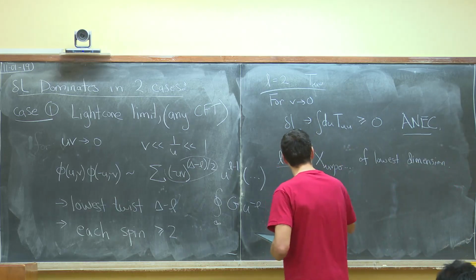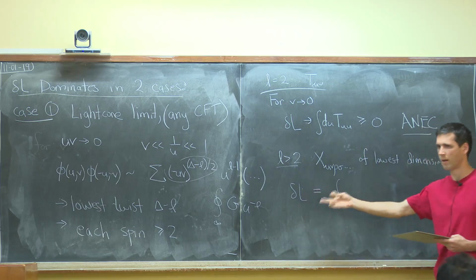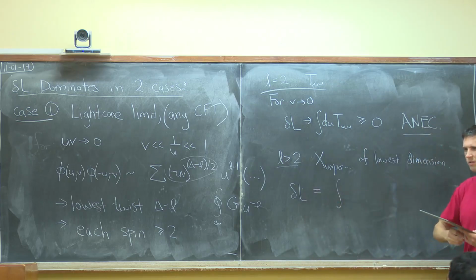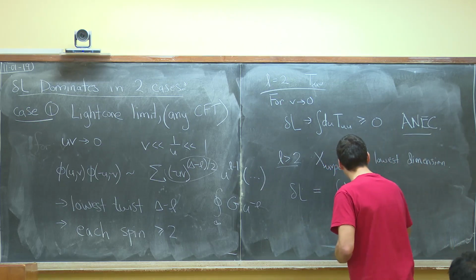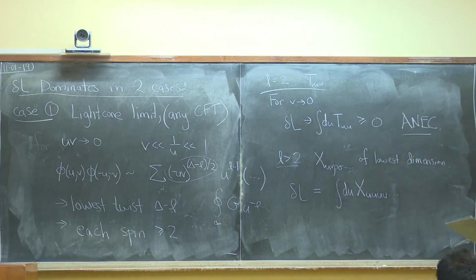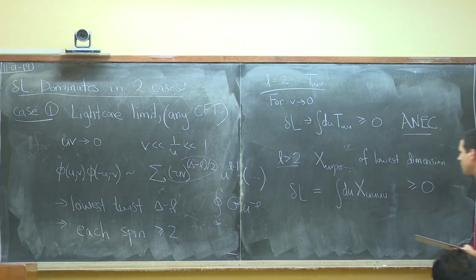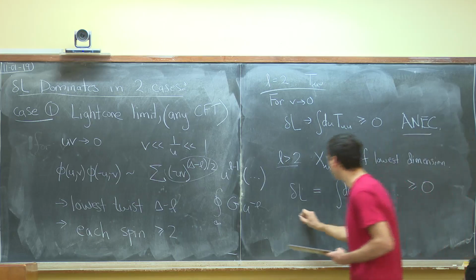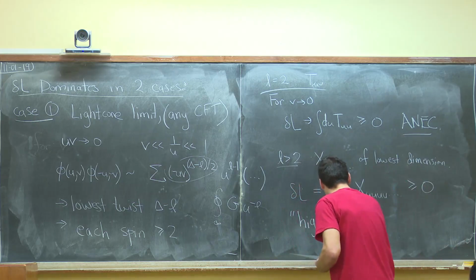In the light cone limit, the length operator, which is not really a length operator anymore, it's not the geodesic length, it's a generalized version of that, but it will just give the integral du times x, all u's, x u u u u u. So the claim is that this is a positive operator in any conformal field theory, and we call it the higher spin ANEC.